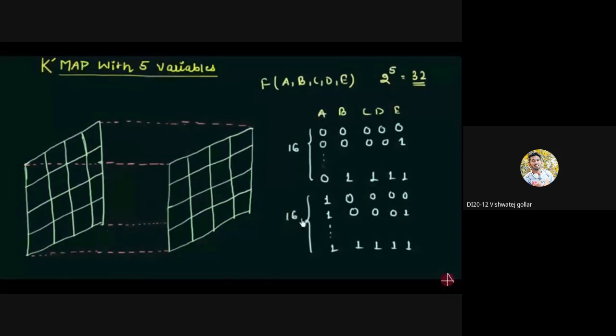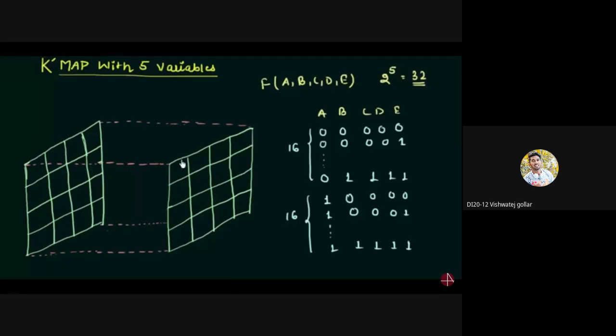So in total there are 32 cells required in the K-map, and as you can see, this is your 4 variable K-map, and then again a 4 variable K-map, and 16 plus 16 cells give you 32 cells.